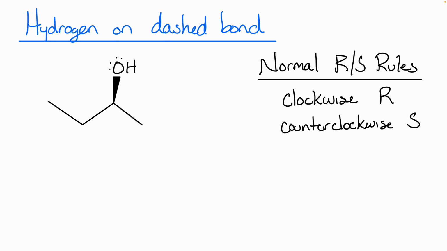It's already pointed into the page. What's our highest priority group in this molecule, or rather about this chiral carbon? The oxygen, that's got the higher atomic number.